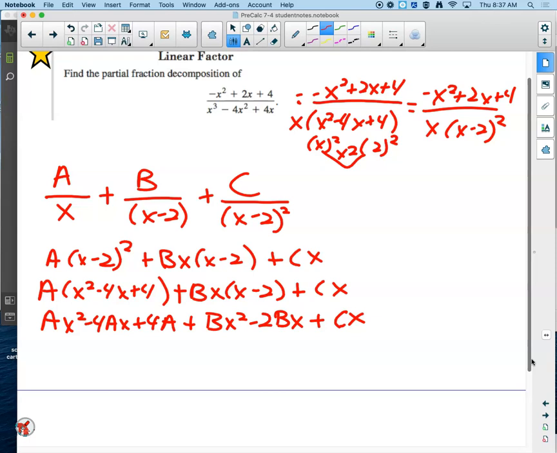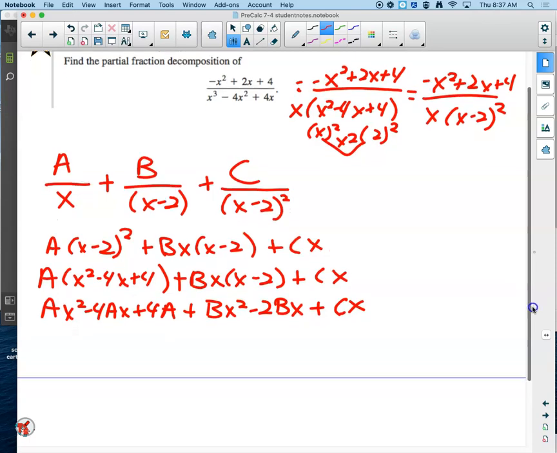We'll make it a little bit more curvy. All right, so now I start thinking. Anything with an x squared has to add up to this negative x squared up here. Anything that just has an x to the first in it is going to have to add to this 2, and then my constants have to be 4. So let's just kind of order that for ourselves.